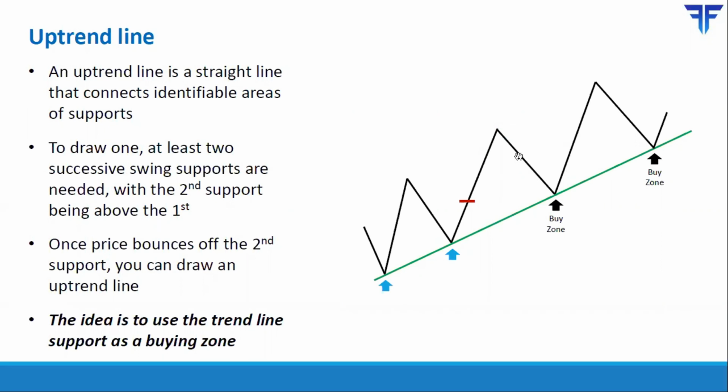So what it tells you is that the prevailing trend of the security is up. Whenever price falls towards the trend line and starts bouncing from the trend line, you would be looking to buy by placing a stop loss a few ticks below the trend line. So as long as price is trading above the trend line, the trend of the security is up or bullish.